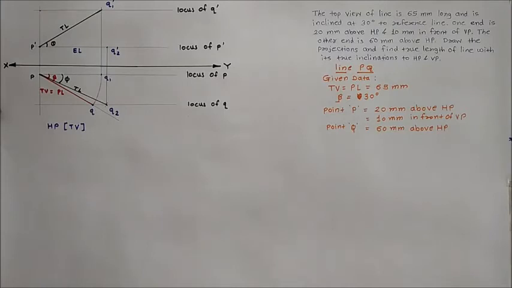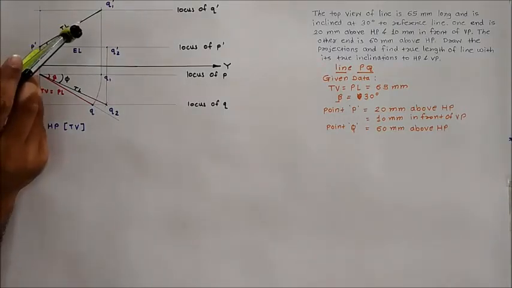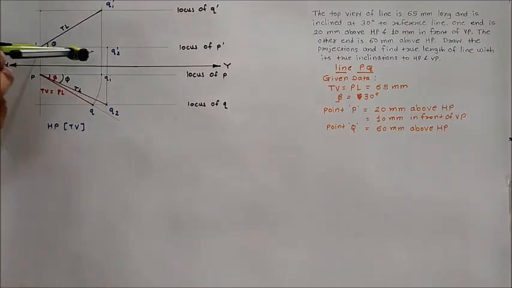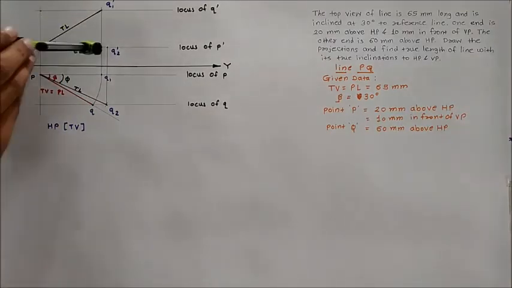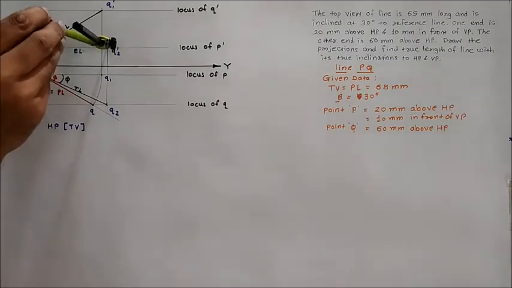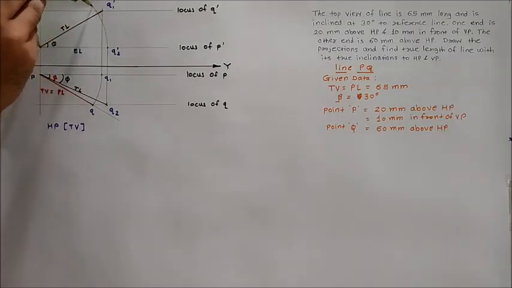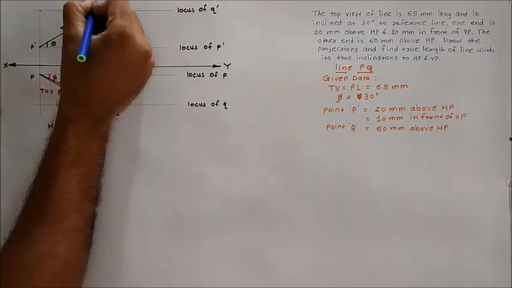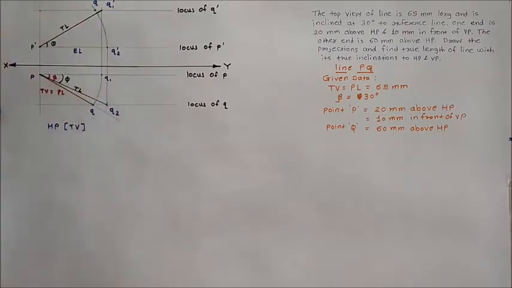Now for drawing the front view of the line, take the distance P dash to Q2 dash in your compass. Keep your compass at P dash and rotate Q2 dash till it meets the locus of Q dash. Give the nomenclature to the point on the locus of Q dash as point Q dash.